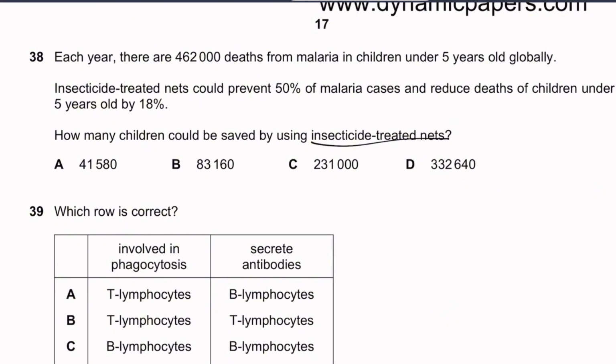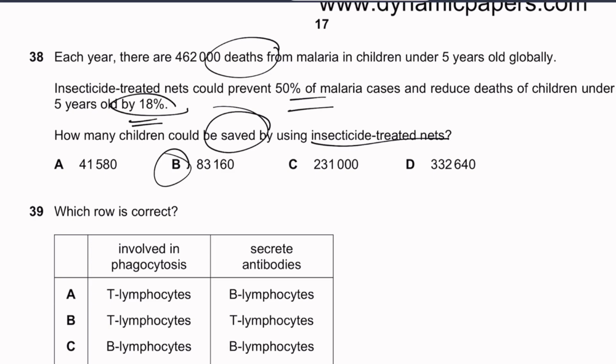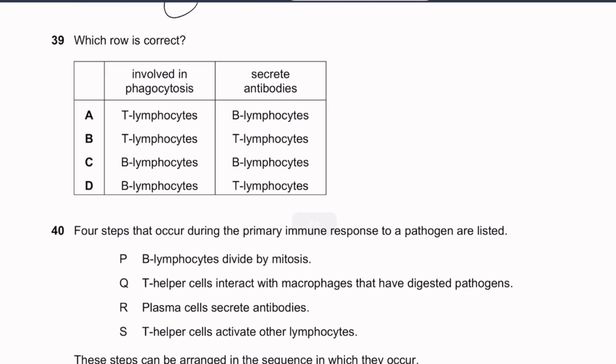So we're specifically talking about saving children from death, so we're going to use the 18%. 18 times 462,000 divided by 100 is 83,160, which is B.